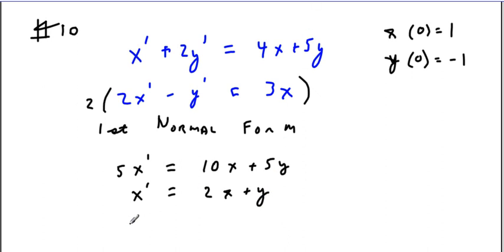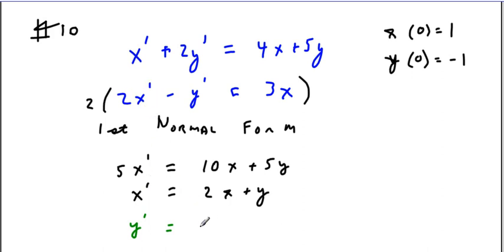And then I'm going to want to get y prime by itself. So if I multiply the top guy, how am I going to get to the y guy by himself? Oh, well, I can get the y guy by himself. So I have 2x prime, that's 2 times this guy.